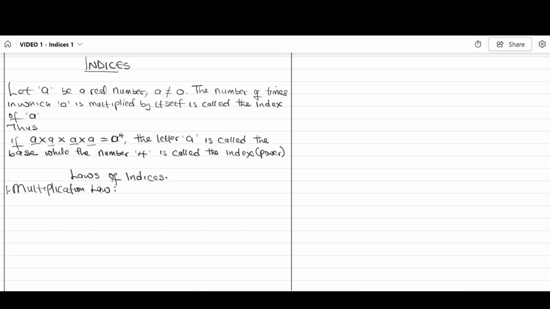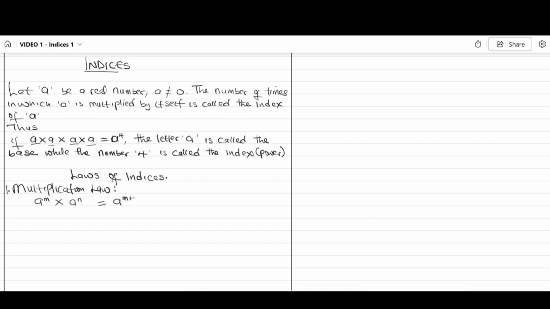So if you multiply two numbers that have the same base, you add their powers. For example, if I have A raised to the power m multiplied by A raised to the power n, you can see that they all have the same base, so we add their powers.